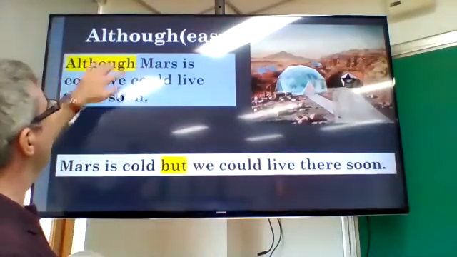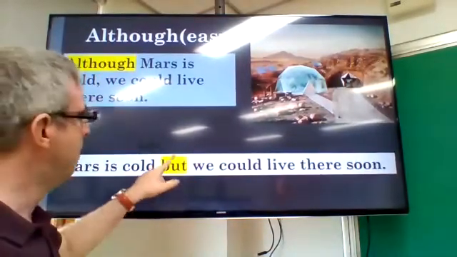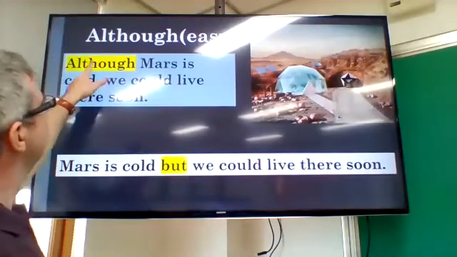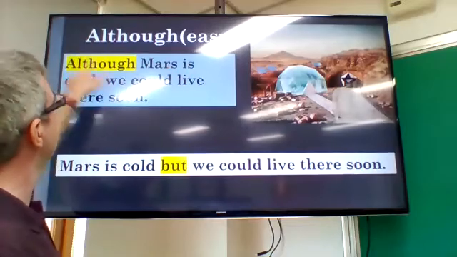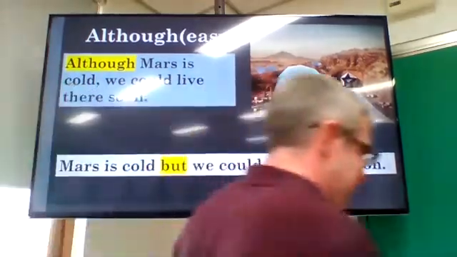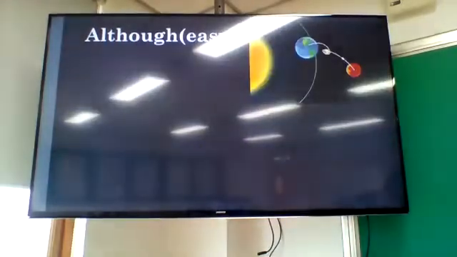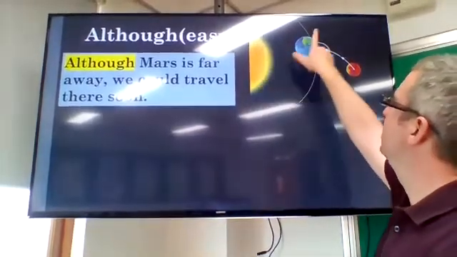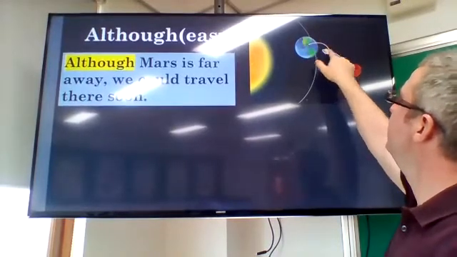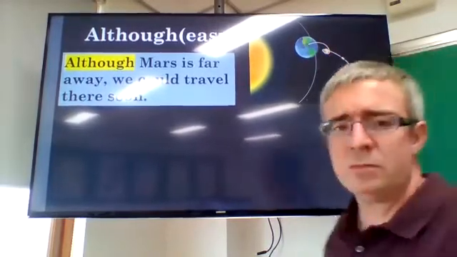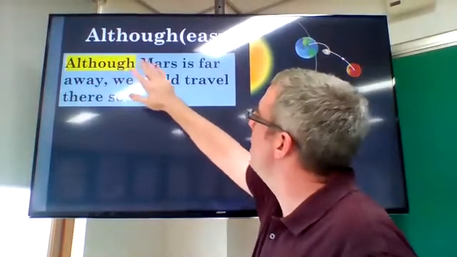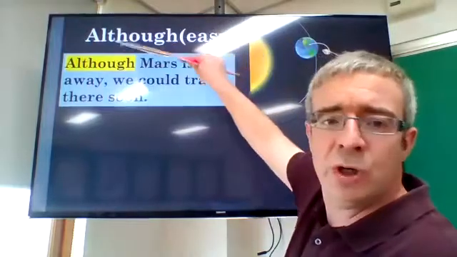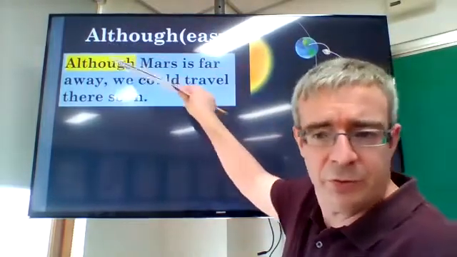So when you see although, just think but. So one, but two. This is saying but one, two. Same meaning. And here's another example. So we've got sun, Earth, Moon, Mars. So although Mars is far away, we could travel there soon.